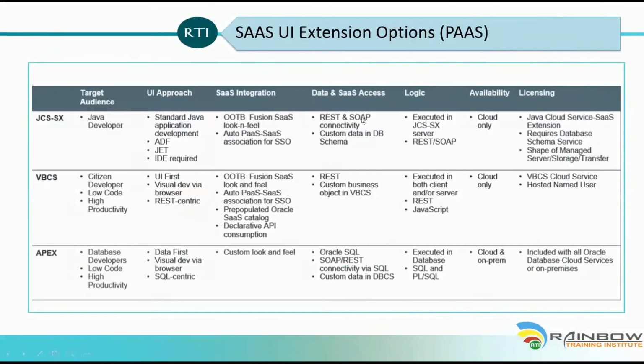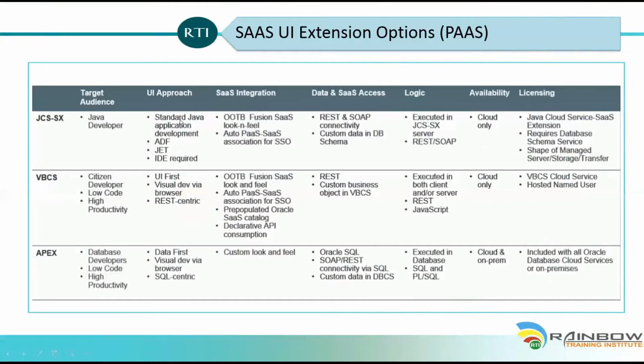And then, whatever operation is being performed in the Fusion application standard page, those operations can be replicated using REST and SOAP connectivity in your Java Cloud Service, using Java JDeveloper, to create your standard Java application.